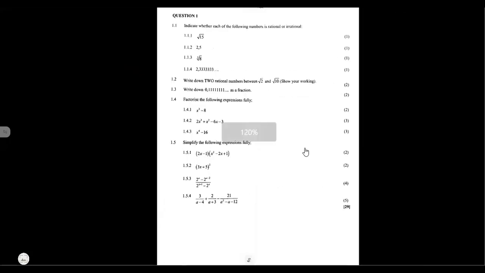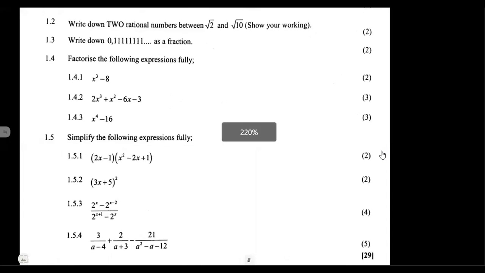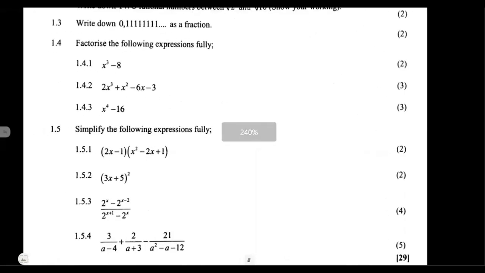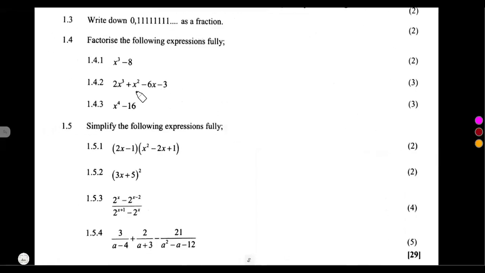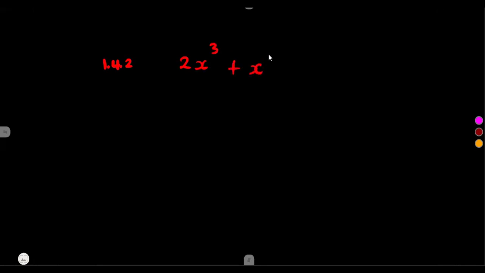All right, let's consider another part and see again our factorization on 1.42. So this is what you're given, and that is 3 marks, all right? 1.42, again to factorize. So there we are given 4 terms: 2x to the exponent of 3 plus x squared minus 6x minus 3.